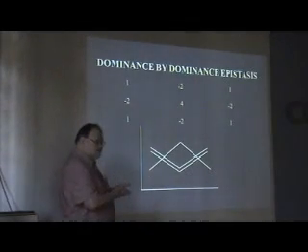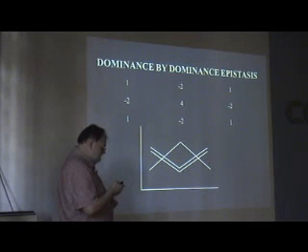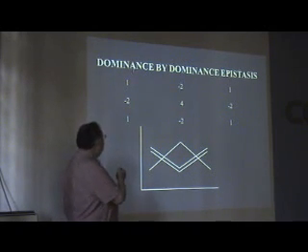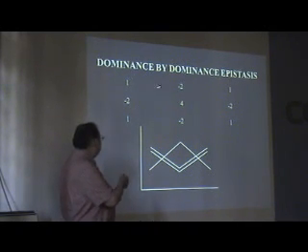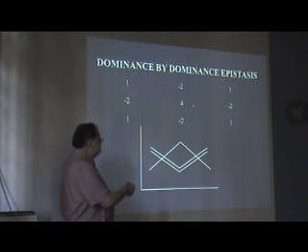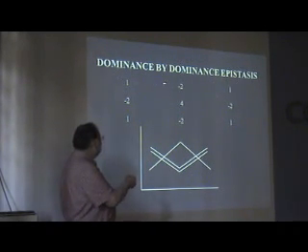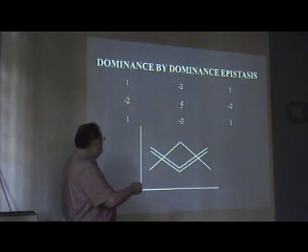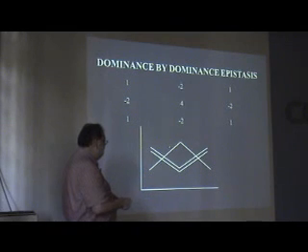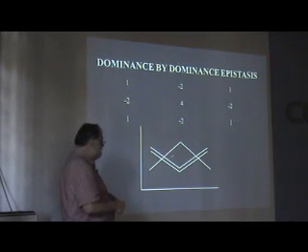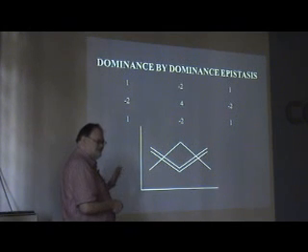Now this is dominance by dominance epistasis, and if you look down here, we have underdominance in the first column, overdominance in the second, underdominance in the third. First row, underdominance, second row, overdominance, third row, underdominance. And here again are the lines, and they're certainly not parallel. These two have been displaced from each other. You can see there are two lines; they're really right on top of each other.